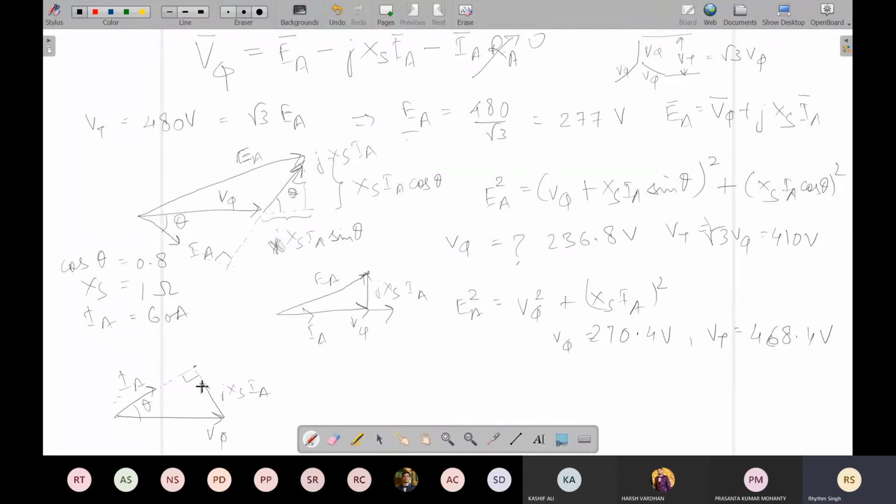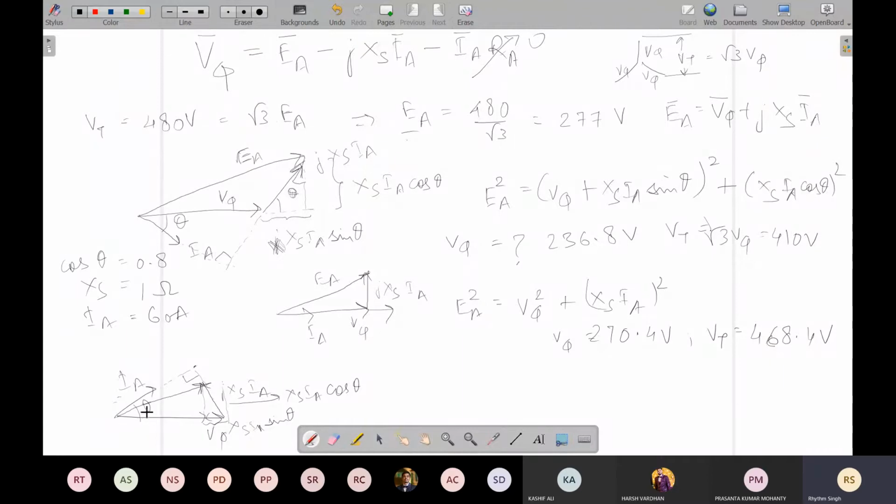So what you will get here is, let's say this is this one here. This is your axis IA sine theta, and the vertical component is axis IA cos theta, and your EA now is this one, right?